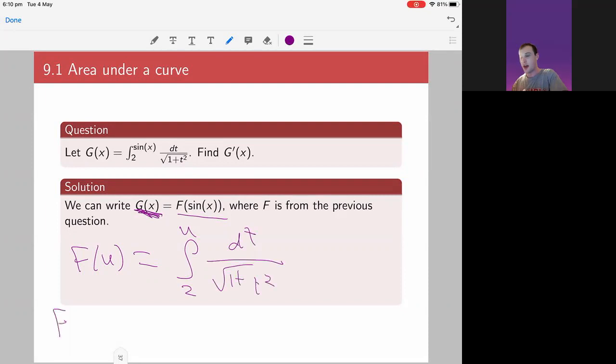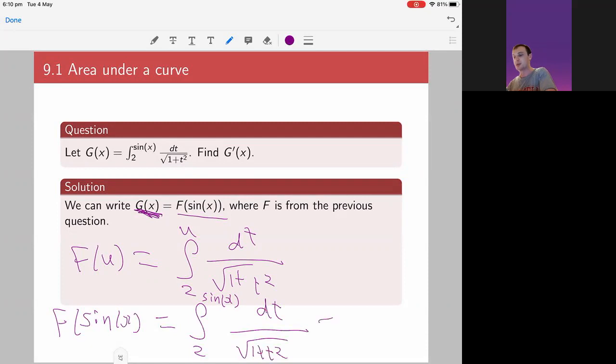And so F of sine of x equals the integral from 2 up to sine of x, dt on the square root of 1 plus t squared. But this is precisely the question whose derivative we're trying to find. So we now have the fact that g of x is equal to F of sine of x.